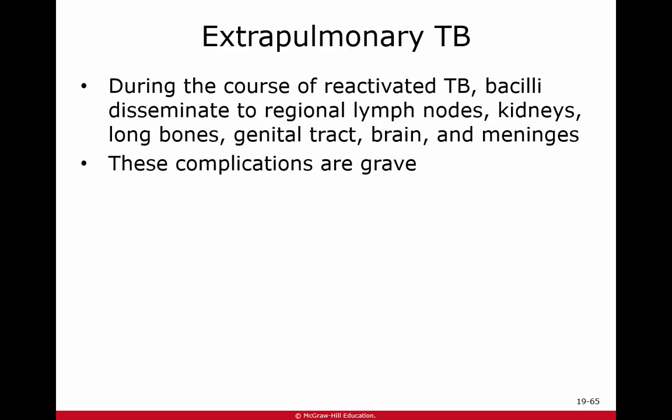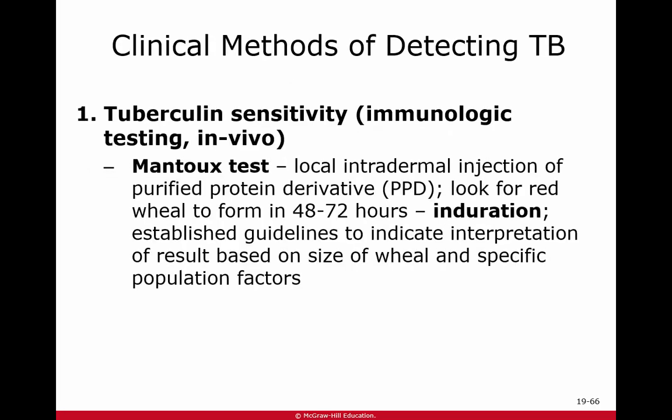So during the course of reactivated TB, bacilli can disseminate to lymph nodes, kidneys, long bones, genital tract, brain, and meninges. And notice that if you have extrapulmonary TB, the complications from these are grave. And again, it's because of that calcification of those tubercles and those caseous lesions.